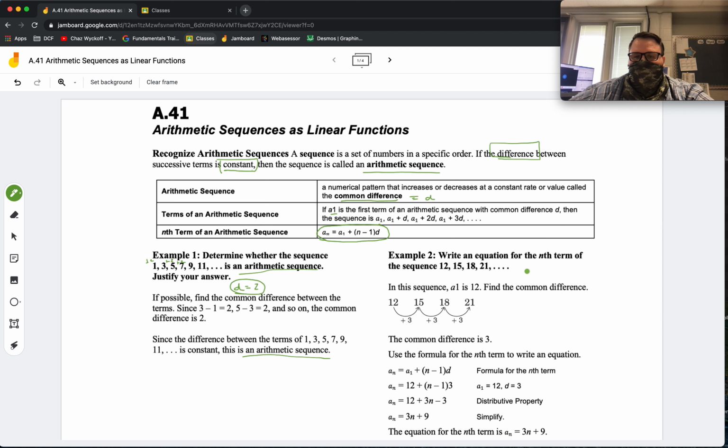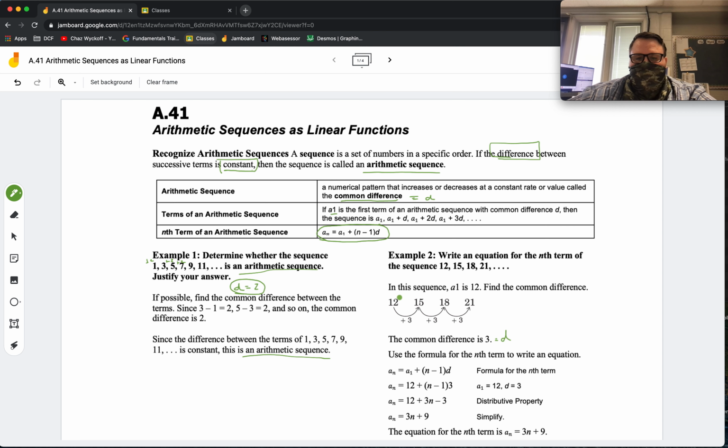So example 2, write an equation for the nth term of the sequence. What we're doing is we're going to find the difference between 12 and 15, 15 and 18. And if you notice, we're adding 3 each time. So D equals 3. And then we're going to plug it into the formula that we have. A sub n equals A sub 1 plus parentheses n minus 1 times D. A sub n is what we're solving for, we're keeping that as generic.